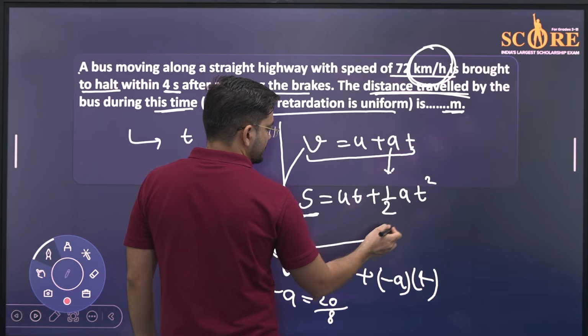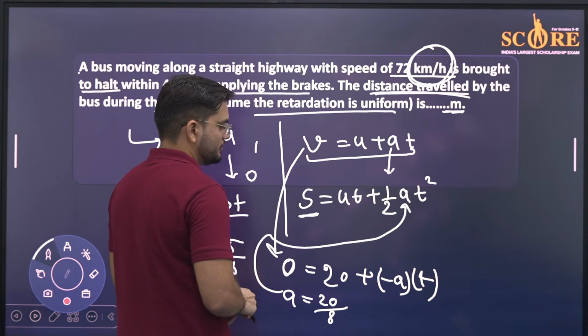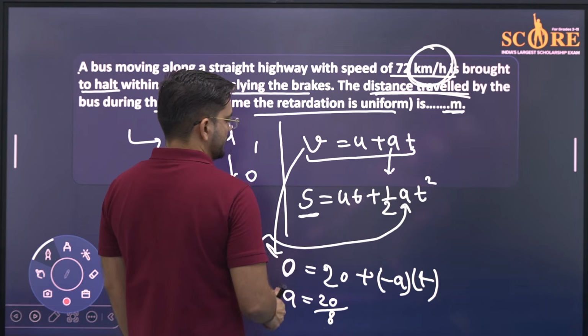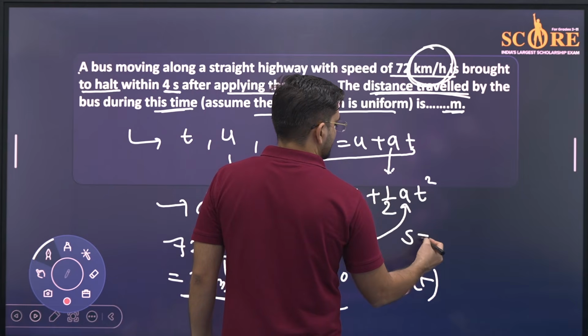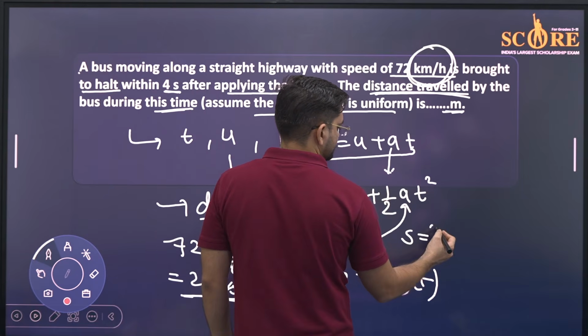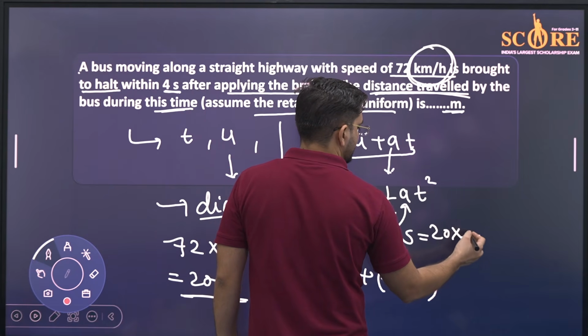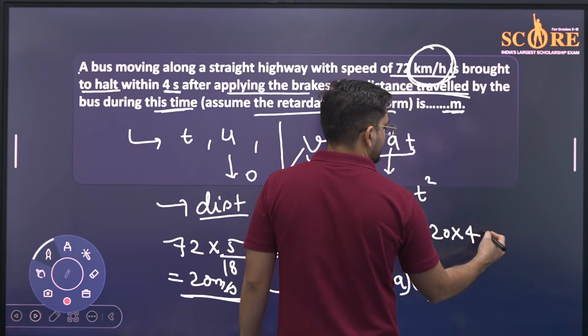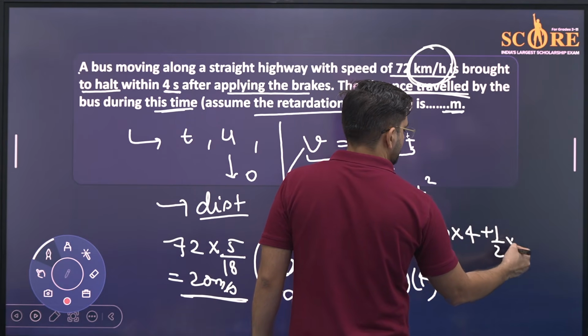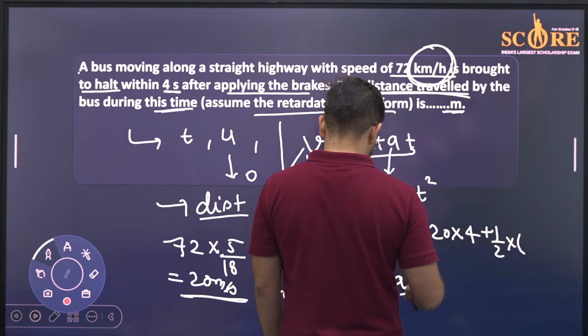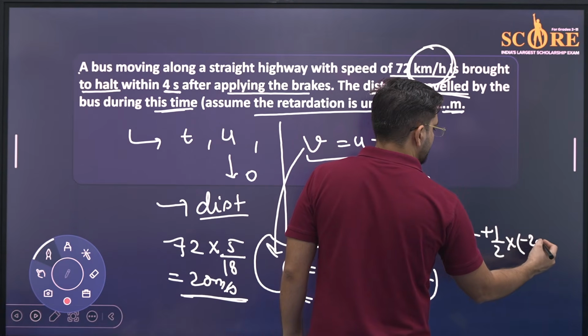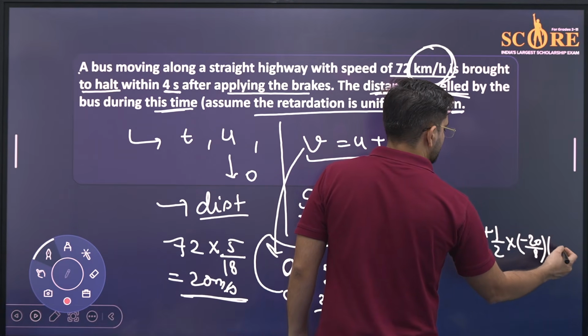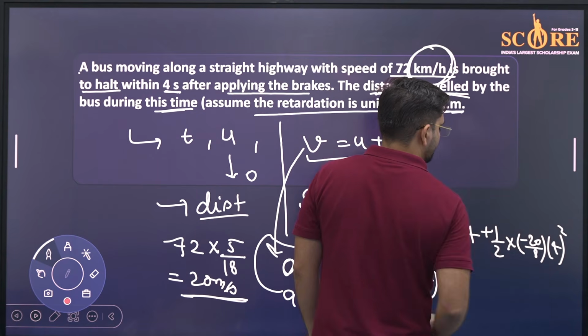Then we will put this acceleration in this equation. So the displacement will be s is equal to u t, 20 times 4, plus half a, where a is minus 20 by 4, and the time is 4 seconds.